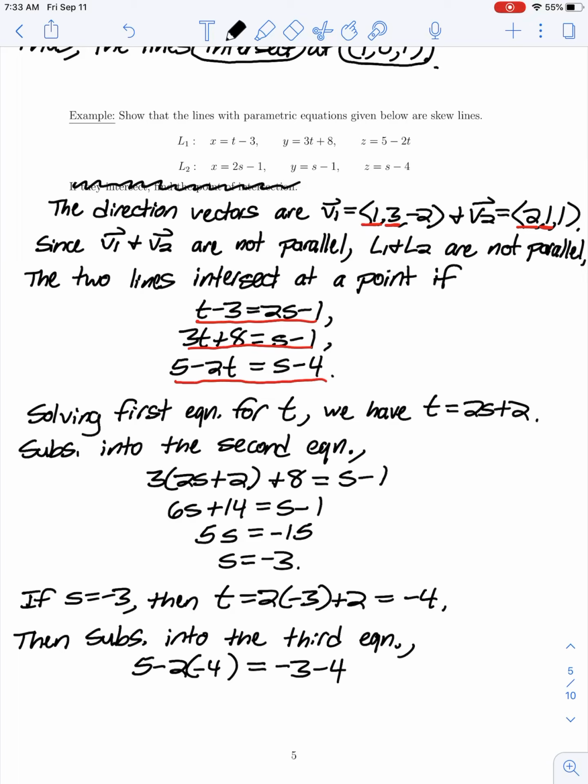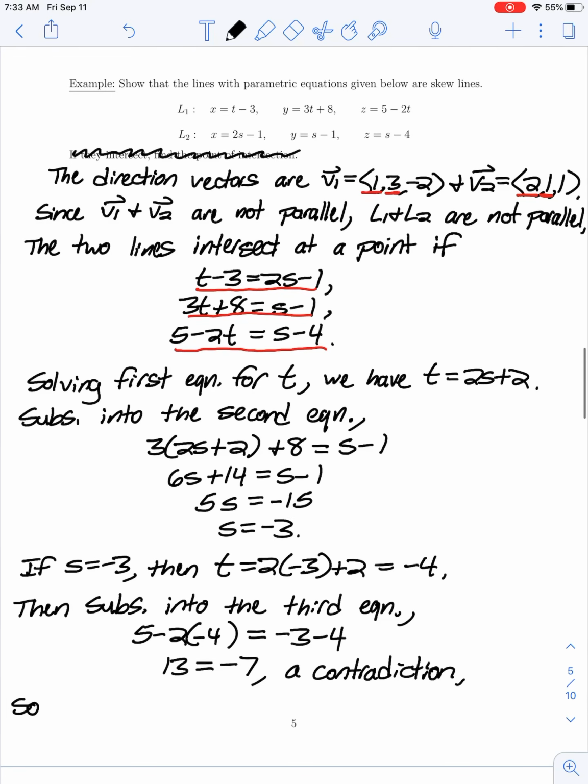So on the left-hand side, we would have 5 plus 8, or 13, which would have to equal negative 7, which is not true. We have a contradiction. So that means that there are no values of s and t that would satisfy all three equations at the same time. So that means there is no point of intersection.